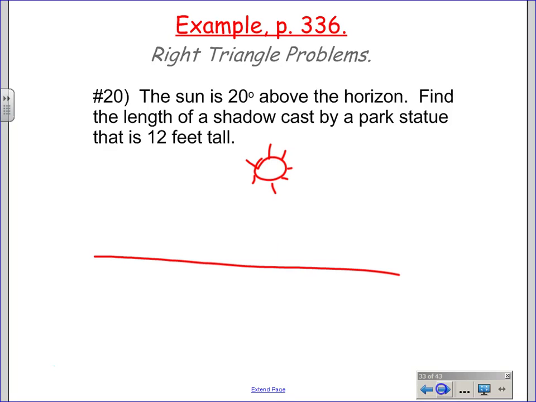Oh, 20 degrees is like a little bit of like this. Are we making sense of this? 20 degrees is a rotation, right? It's not a length. Okay, good. It's above, but it's a rotation. Actually, this probably should be lower. Anyway, that's okay. Where's the statue?